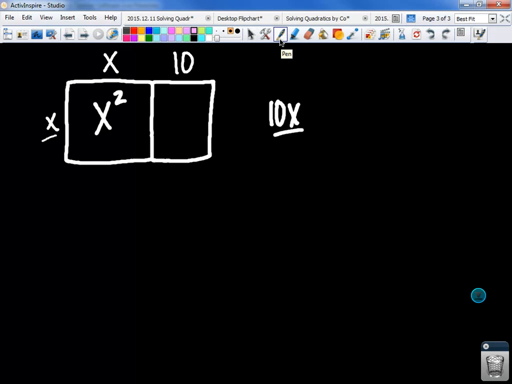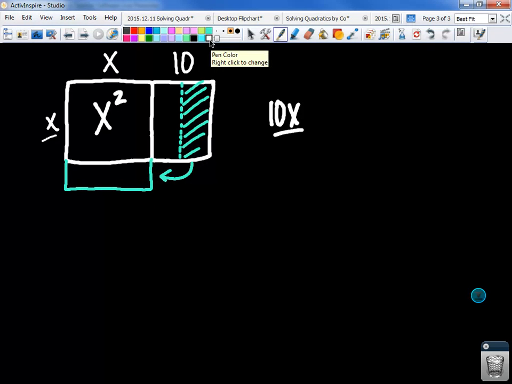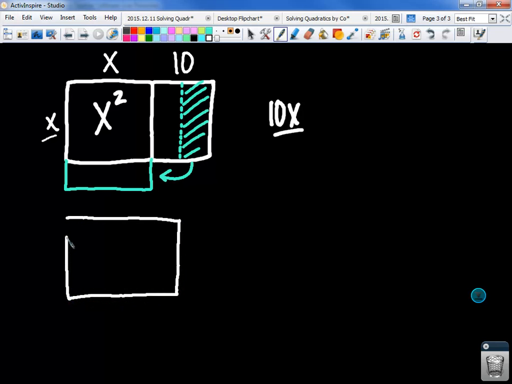If I want to make it a square, what I could do is slice this piece in half and then move this bit over here so that it looks like this. Here's my x squared.